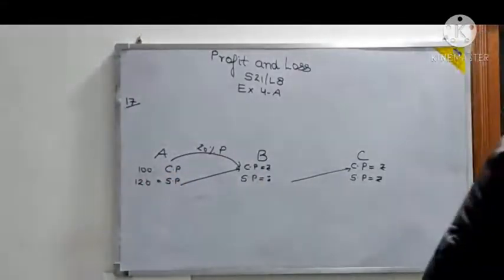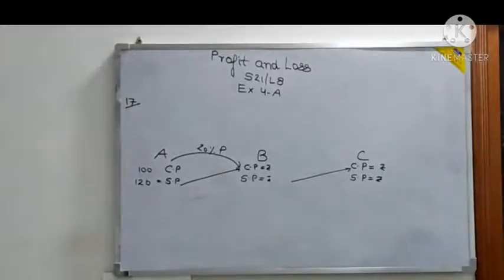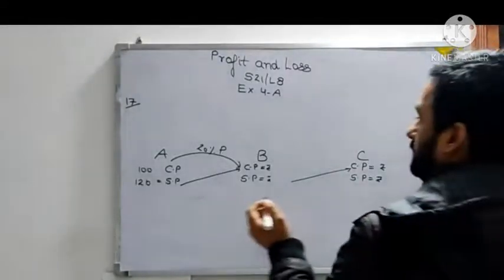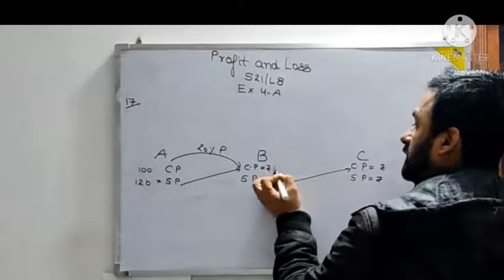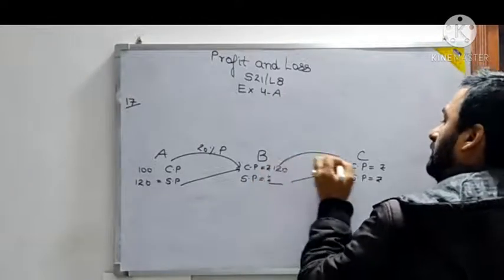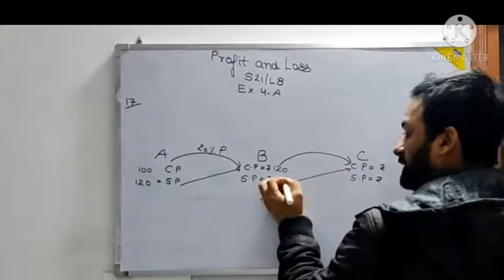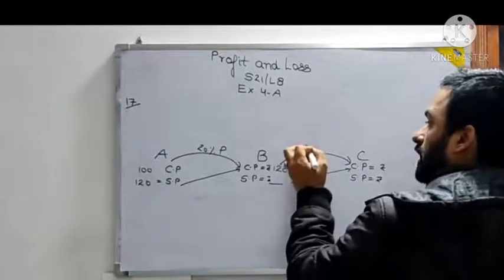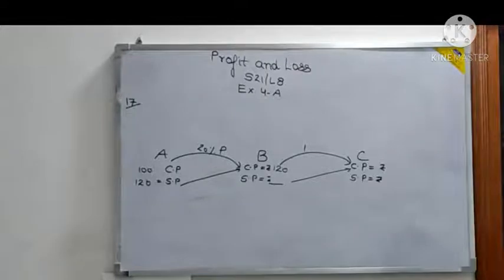Then, second part is B sells it to C at a loss of 10%. Now, this CP is 120 rupees for him. Some loss he is selling. So, when B sells, he is selling something less than 120. So, how much loss? 10%.